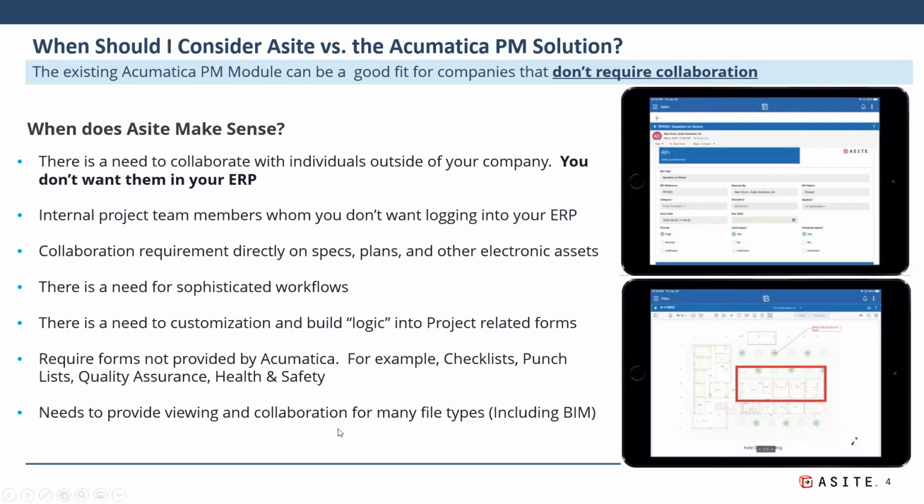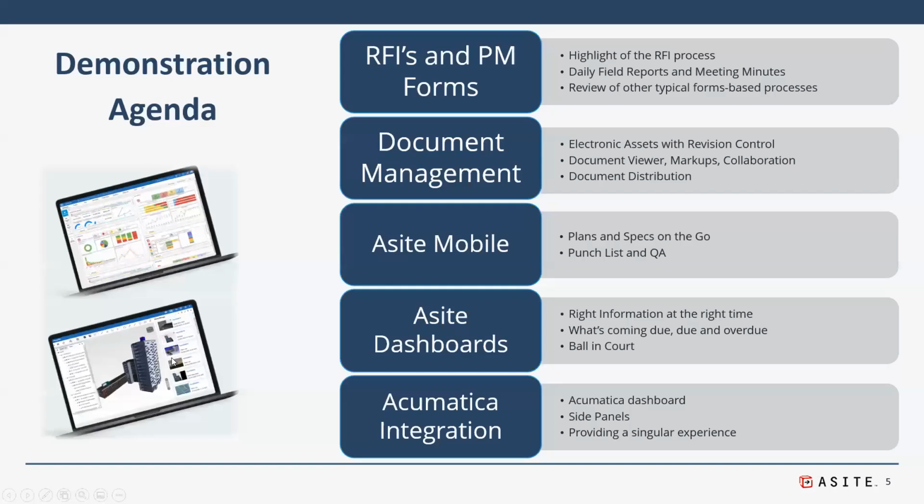We're not going to get into any of our BIM capabilities today, but I did also want to mention, for those of you that may be needing to collaborate around BIM files, we also do that as well. Okay, so as we move on and get ready to go into the demonstration, I'm going to turn it over to Alan in just a minute.